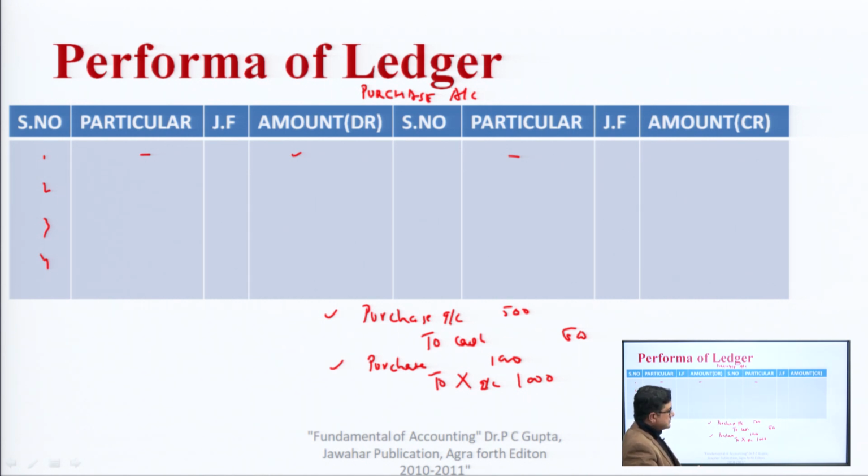So how can we put these? Remember, whenever you are going to make a ledger entry, forget this side. If you are making a purchase account, do not write purchase anywhere here, because you are doing the purchase account. So here we already see this and this.